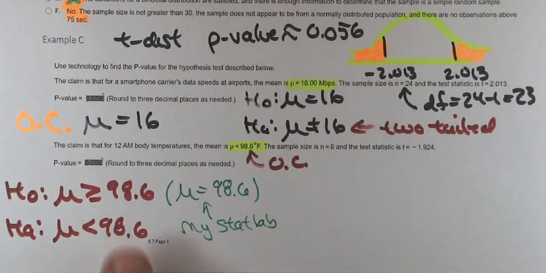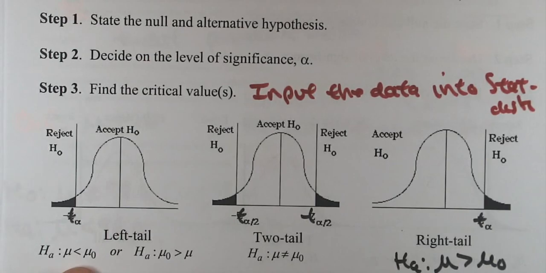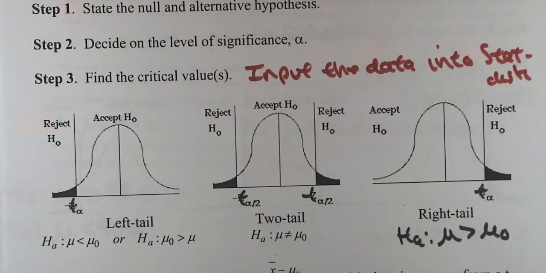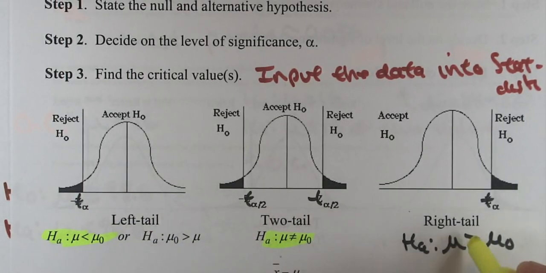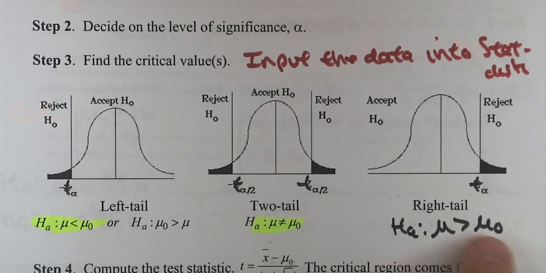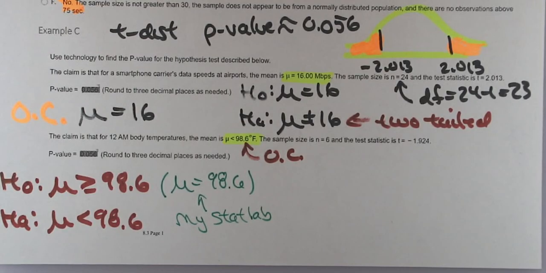So when your parameter is on the left side of this inequality, or equation, or not equal to, it points in the direction of the tail of the test. So this is going to be a left tail test, and then of course this is two tail, and this would be a right tail, but this is pointing in the direction of the tail of the test. So yeah, good job. It's going to be a left tail test.